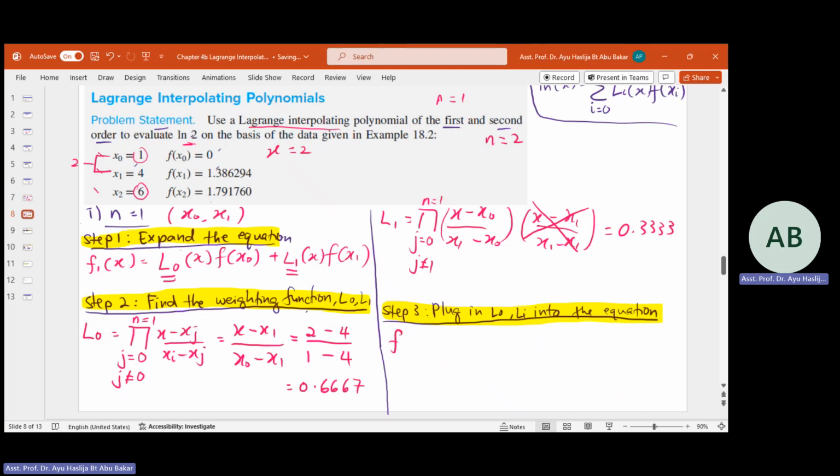So your F1(x) is L0, which is 0.6667, multiplied by f(x0), which is 0, plus L1, the one that you calculated, multiplied by f(x1), which is given over here.